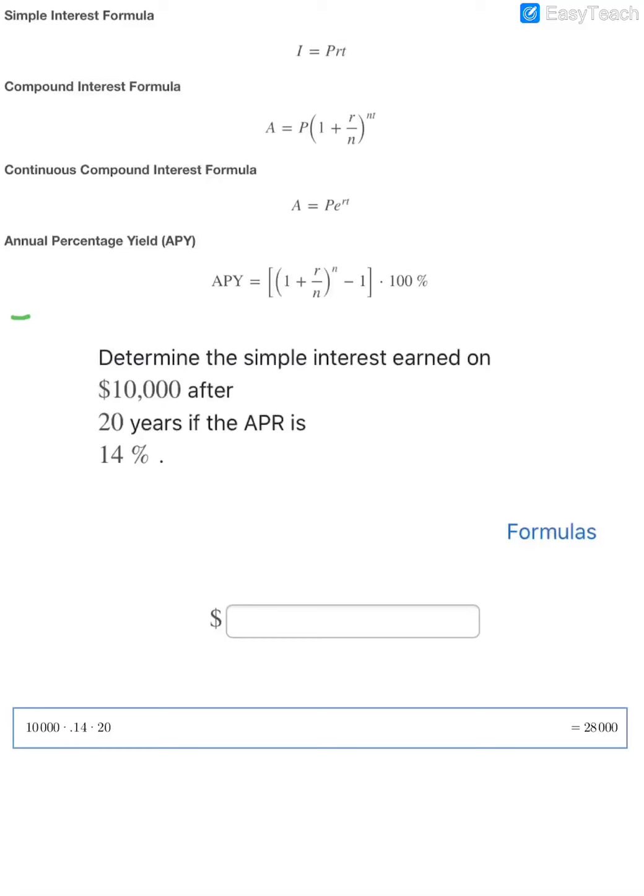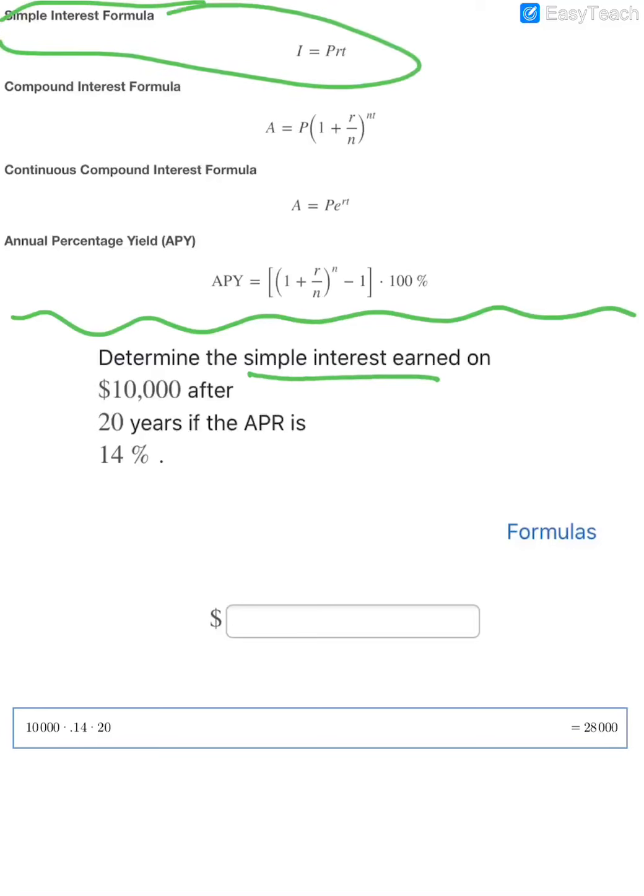All right, once again, here are my formulas at the top. This time it says determine the simple interest. So now we're going to be using our top formula for simple interest on $10,000 after 20 years if the APR is 14%. Using my simple interest formula, my P this time is 10,000.